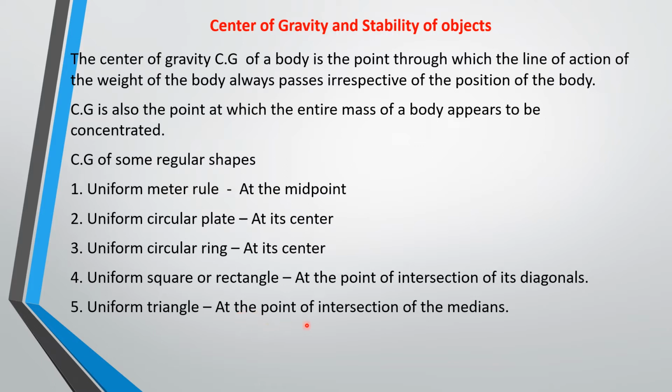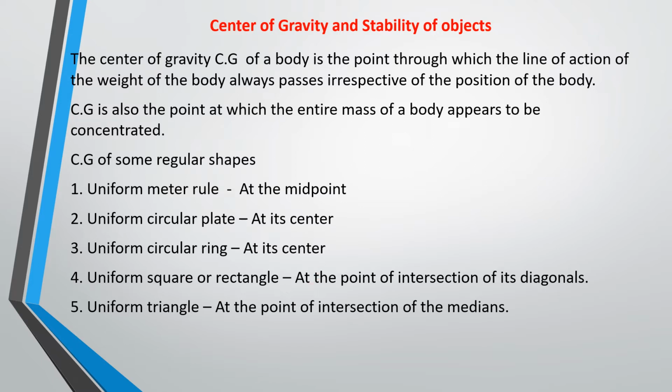The point of intersection of the medians of the triangle gives you the center of gravity of the triangle. So you can use this to locate the center of gravity of different shapes, but they must be regular shapes, right? So this is the center of gravity for some regular shapes.